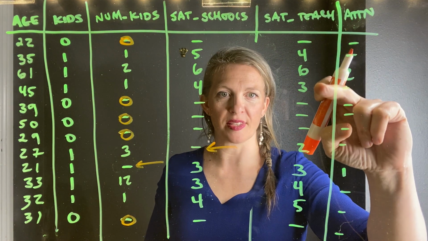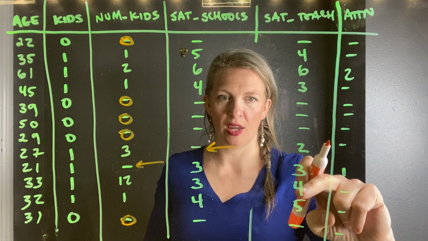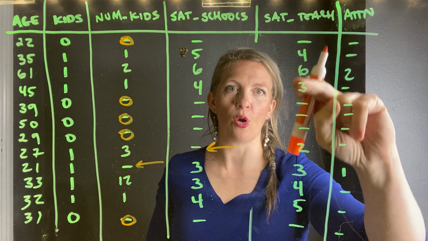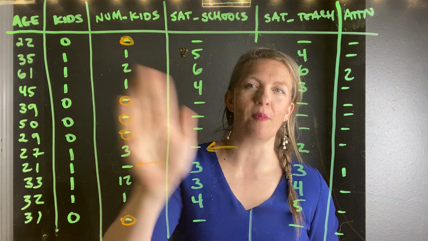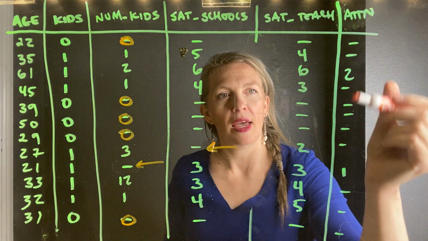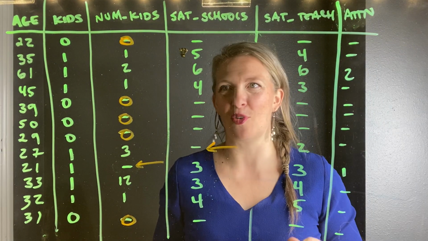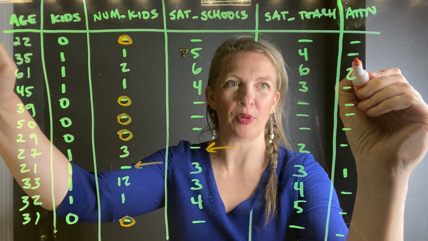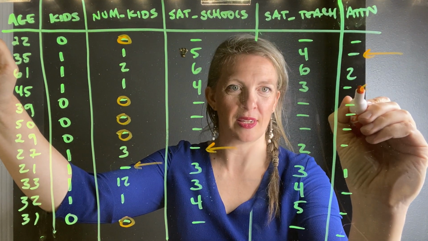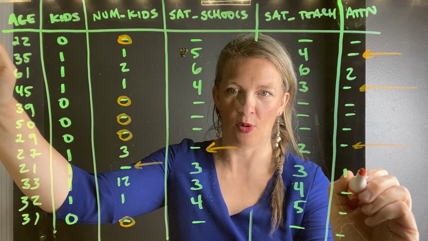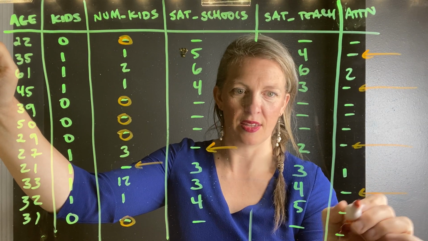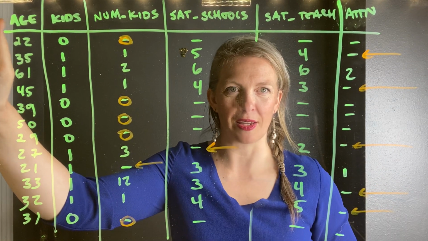Then when we look at satisfaction with teachers, it looks like the only missing data there is from the branch, so that one's okay. And then we come over to the attention variable, and you'll notice there is a lot of missing information here. So among people who have kids, that one's missing, that one's missing, that one is missing, this one's missing, and this one is missing.